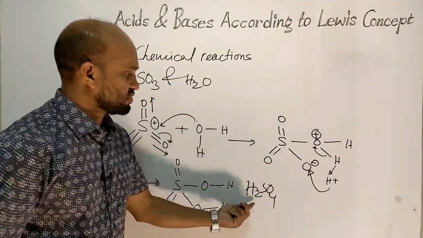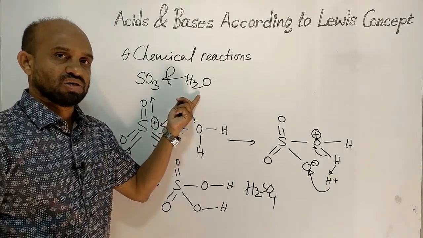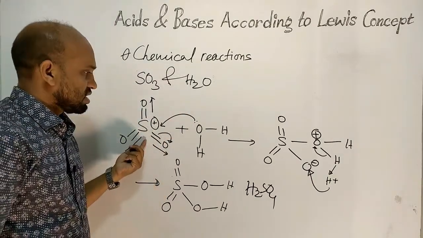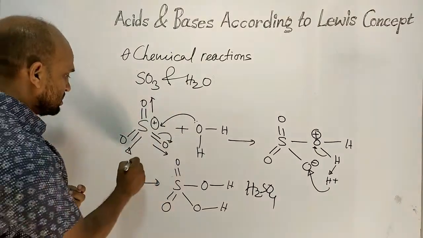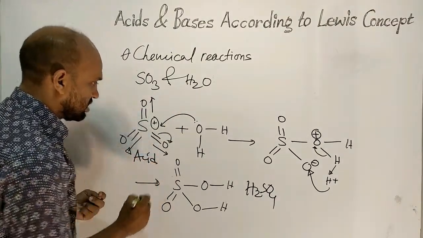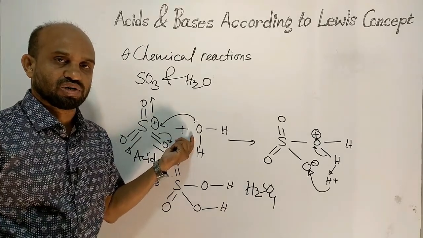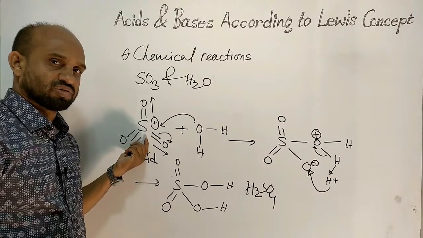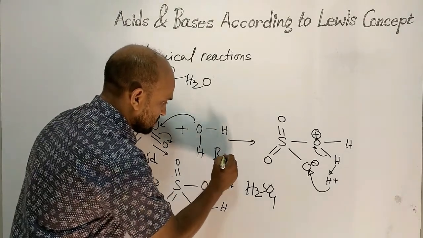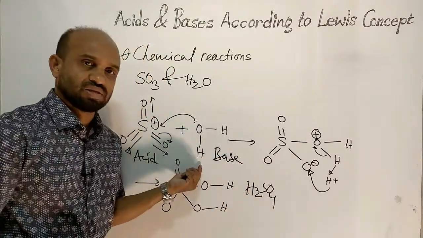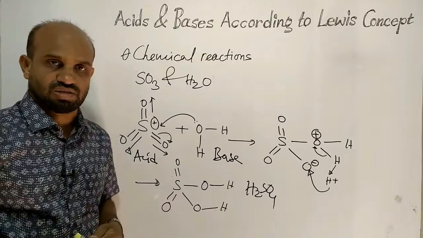So in the formation of sulfuric acid from sulfur trioxide and water, sulfur trioxide accepted one pair of electrons, so this is Lewis acid, and water donated one pair of electrons to sulfur trioxide. So electron donor is Lewis base. Here water is Lewis base and sulfur trioxide is Lewis acid.